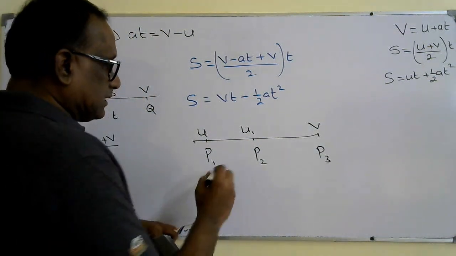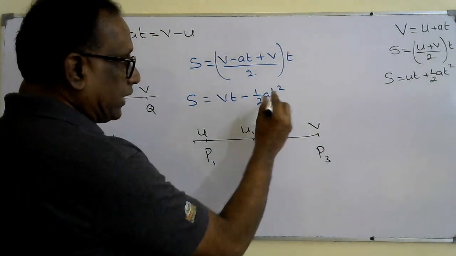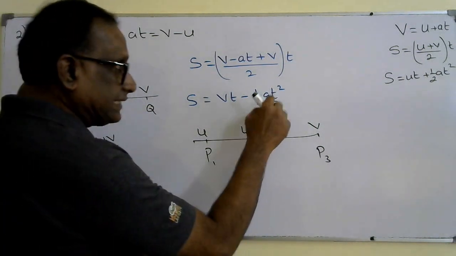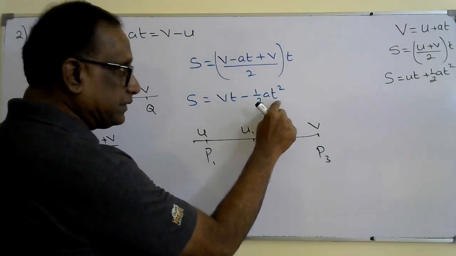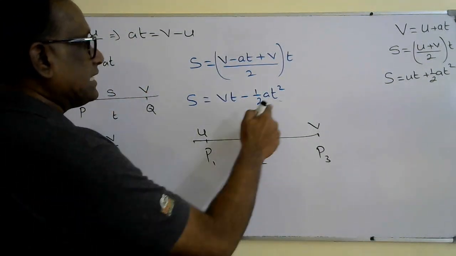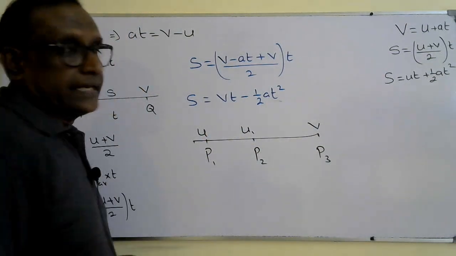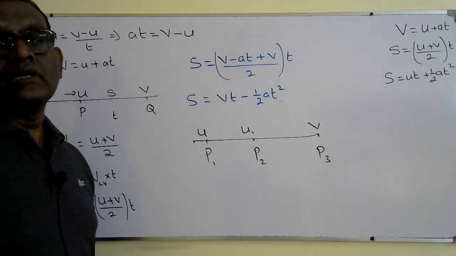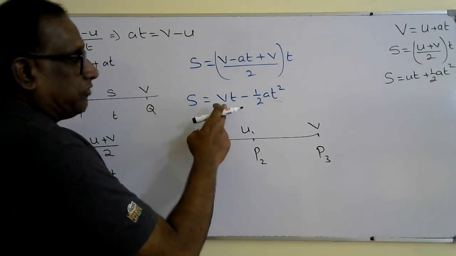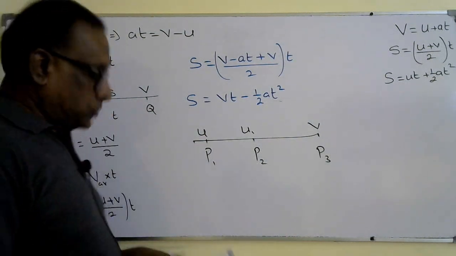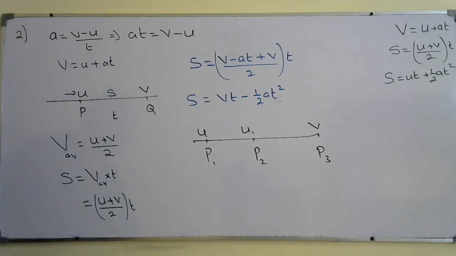Whatever time duration I consider here, during the last time duration t, if the velocity is v, the displacement during that time is given by s equals vt minus half at squared. So be careful when you are using this equation.